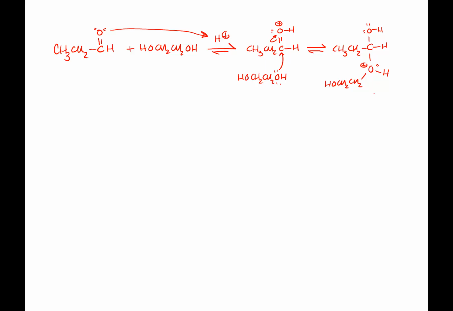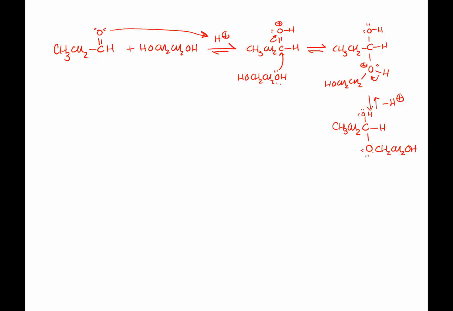Now, we're going to lose our H plus here, because we add the entire alcohol molecule, so we're going to lose that. And I'm going to write it over here to make it easier to write.